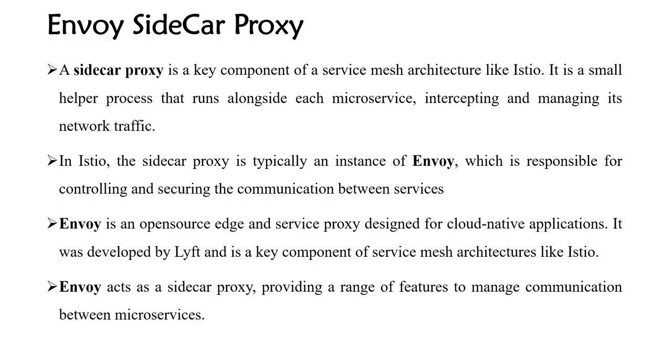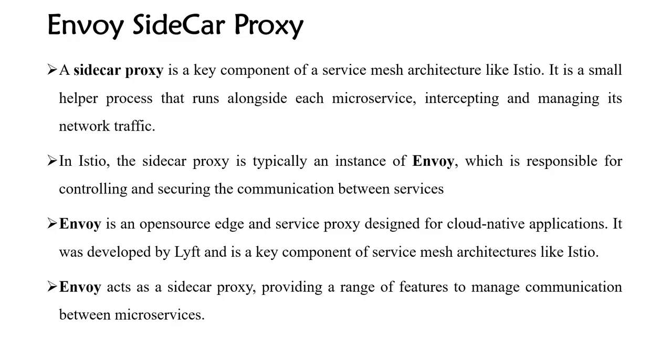The next is the Envoy sidecar proxy. A sidecar proxy is a key component of service mesh architecture like Istio. It's a small helper process that runs alongside each microservice, intercepting and managing its network traffic. In Istio, the sidecar proxy is typically an instance of Envoy, which is responsible for controlling and securing the communication between services.